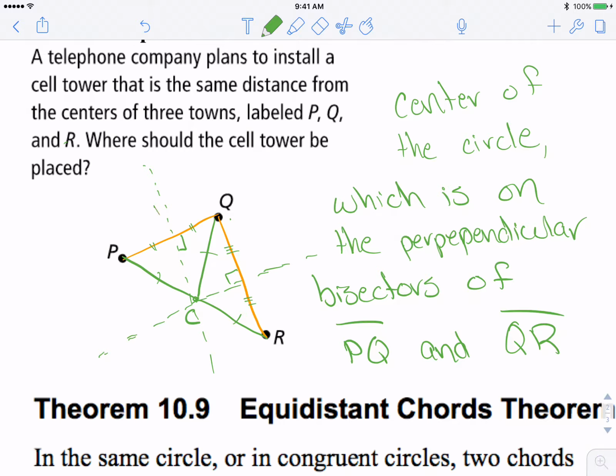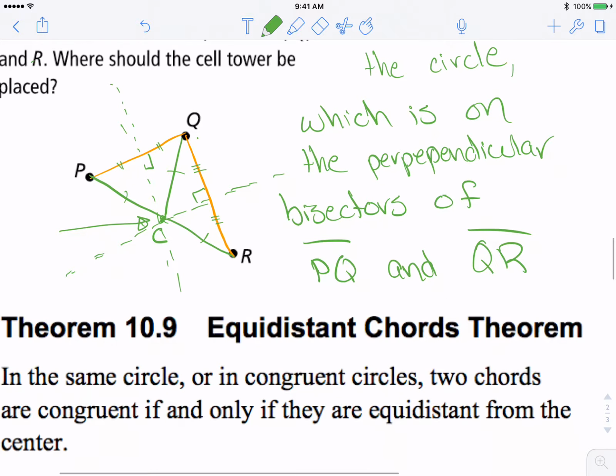So if I was to find the perpendicular bisectors of those 2 segments, it would get me what the center of that circle should be, right there, my center.